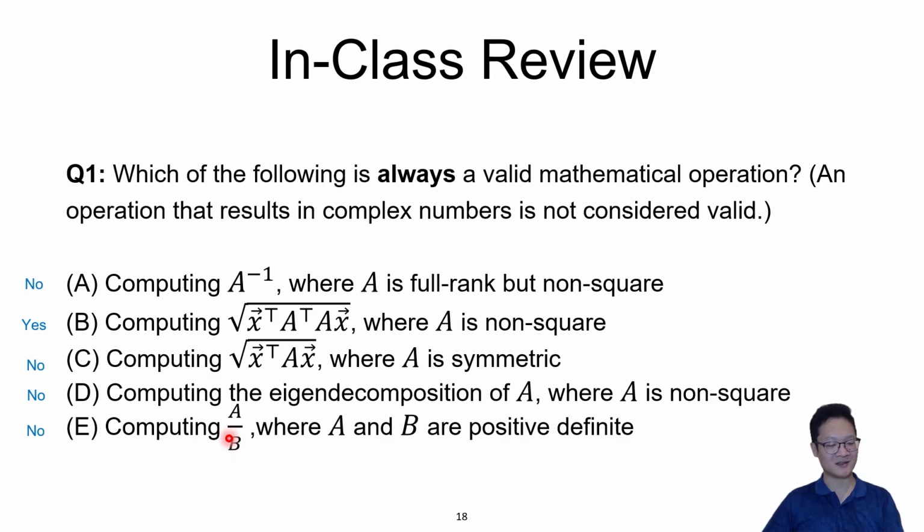The reason is that we can write down A B inverse, but we can also write down B inverse A. So it's unclear which side the B inverse might be on, the left side of A or the right side of A. And we know that for matrices, the results can be different depending on the order, depending on which matrix comes first. So we cannot actually divide matrices. Hopefully that's clear. If not, I'd be happy to answer your questions on the course forum.